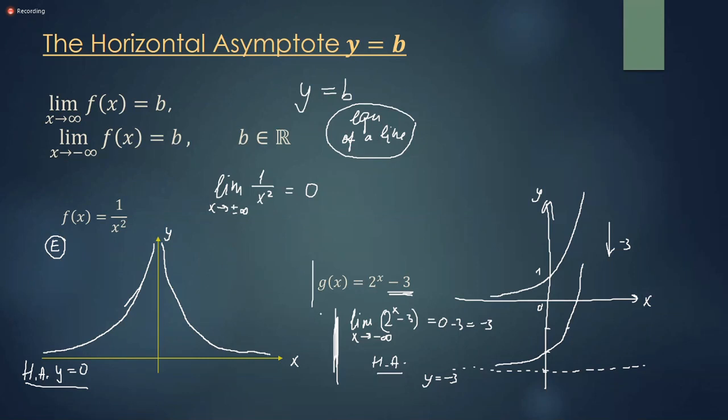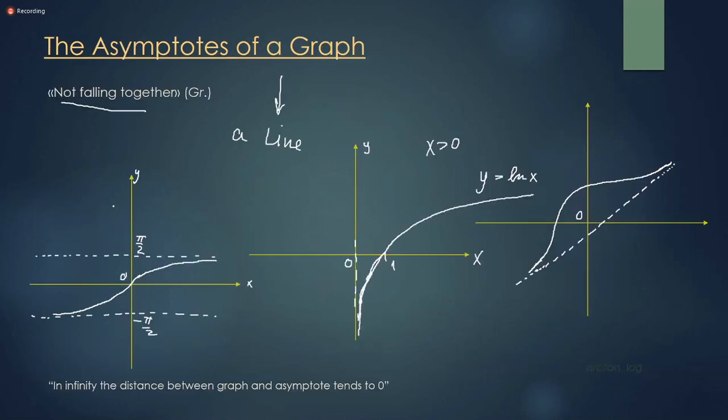It could be the same on both sides as for this function. And of course, in the previous slide, we had the arctangent function for which we have one horizontal asymptote when x tends to plus infinity and another horizontal asymptote when x tends to minus infinity. So all these possibilities can happen.